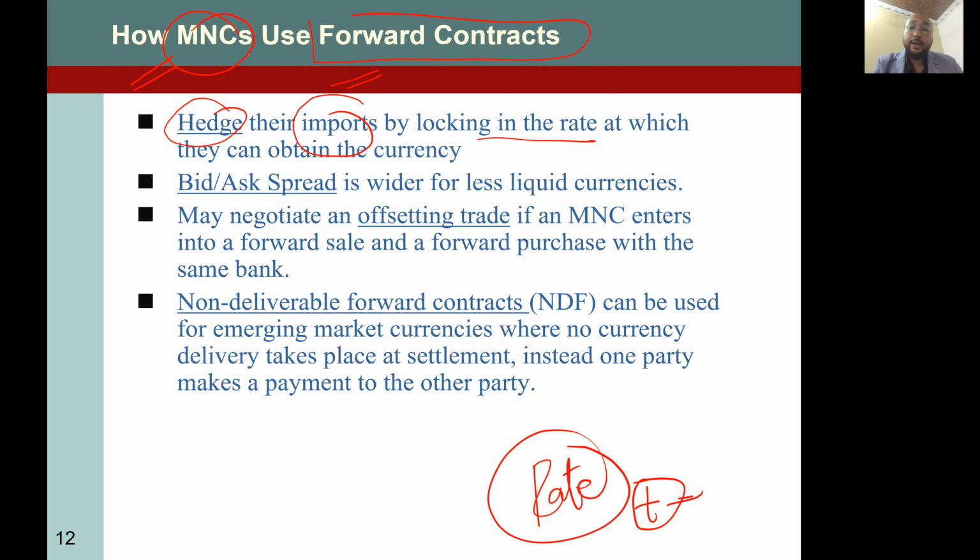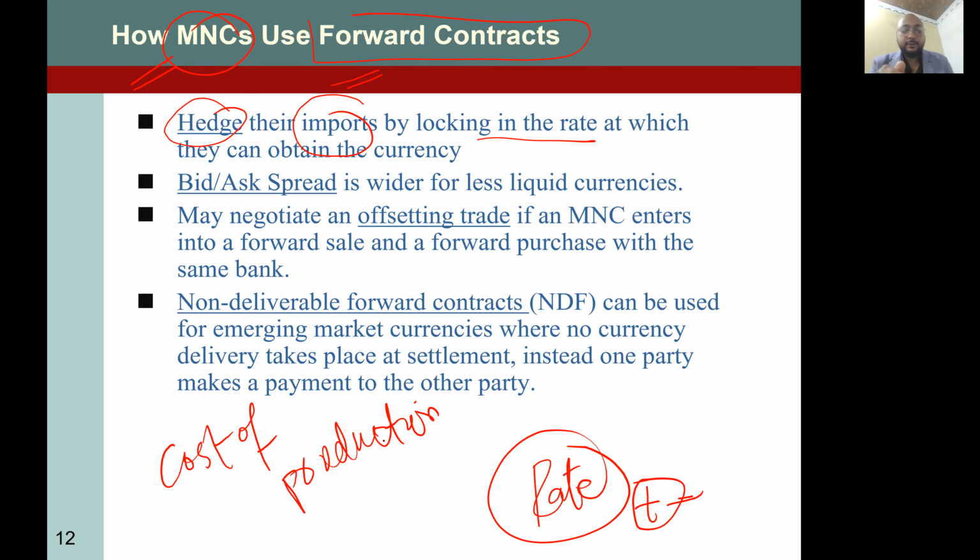And they are worried about whether the foreign currency may appreciate, because a company's primary responsibility is to minimize the cost of production, right? As a company or operation manager, the biggest objective is to minimize the cost so that they can increase the profit.